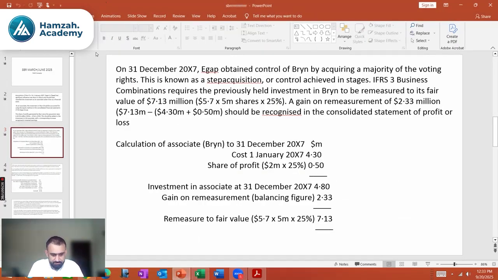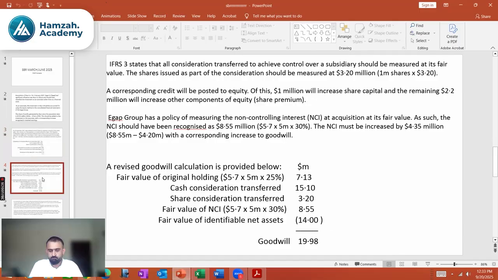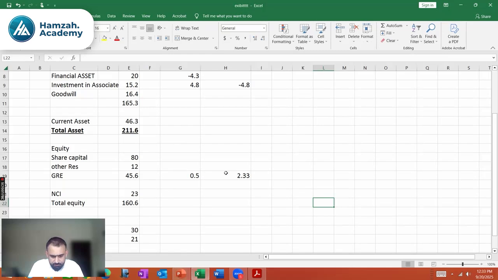After that, they haven't recorded the purchase consideration in terms of shares. That needs to be recorded. So investment is debited by 3.2, but 1 million will be credited in share capital and 2.2 million will be credited in the share premium account.